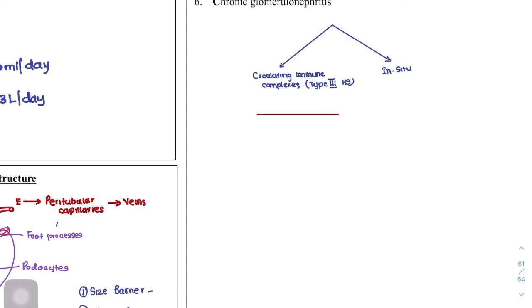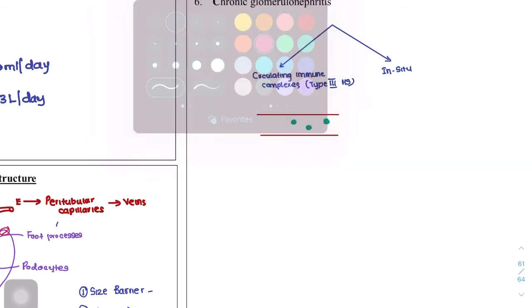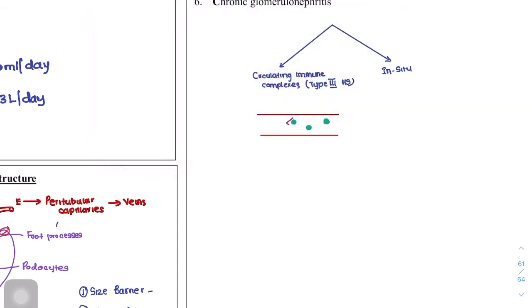Let's take a blood vessel, and a condition such as infective endocarditis, any disease condition in which our body will find some antigen somewhere in blood. Antibodies will come and bind to these antigens, and this antibody-antigen complex will travel to the kidney and deposit. They will travel to the glomerulus and get stuck.